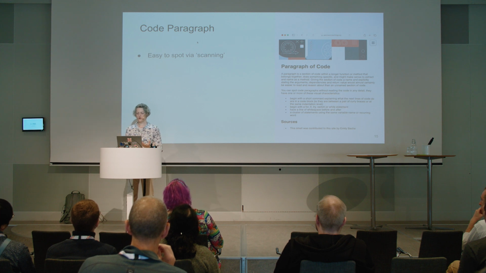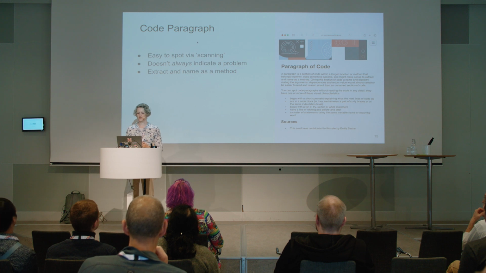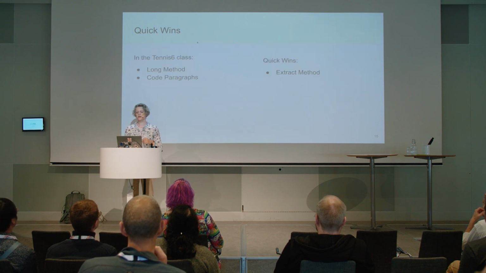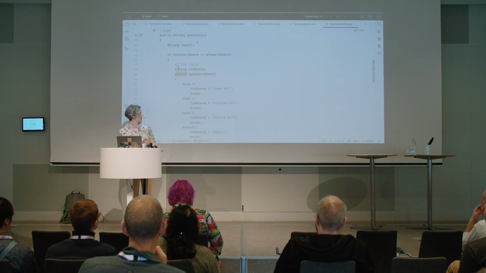It doesn't necessarily mean this is the best approach, but you could extract that piece as a method and name it after the comment at the start of it. So this scanning, spotting these code smells, suggests to me a quick win of being able to extract a method. And I think that was the next bit of the demo.